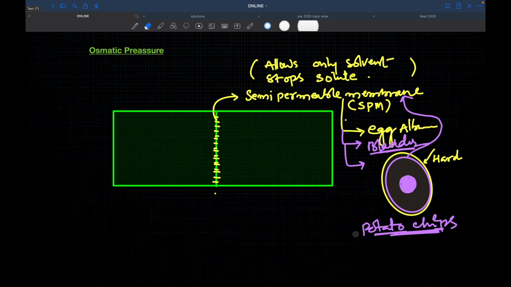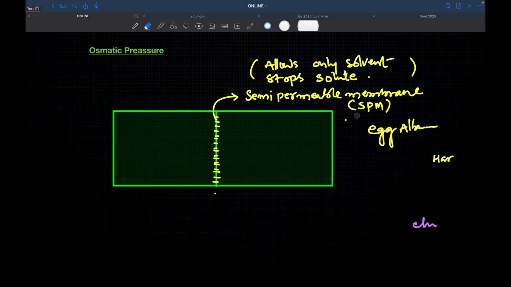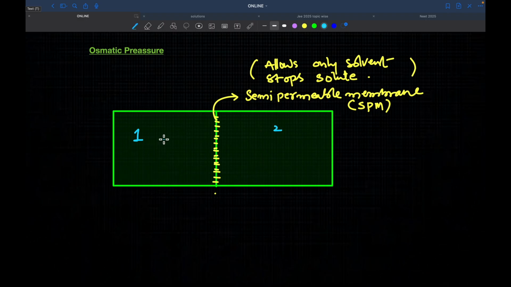Right? The topic is not about the semi-permeable membrane. What you have to know is that the semi-permeable membrane allows only solvent particles, not the solute particles. Assume we label these as chamber 1 and chamber 2. What happens is we fill a solution.